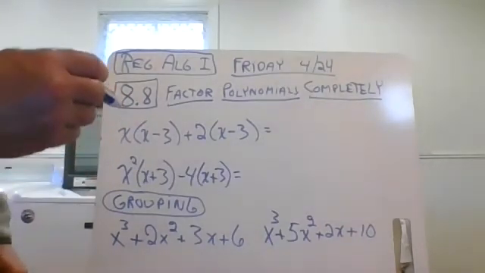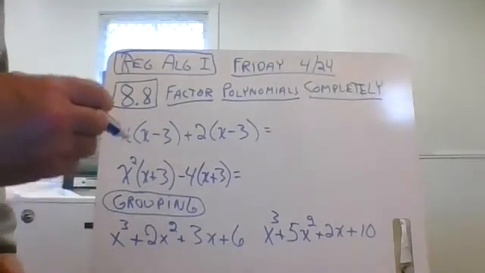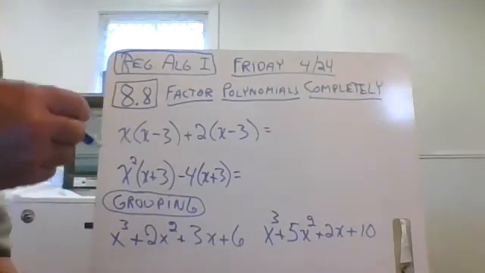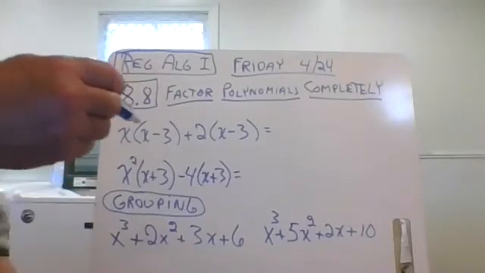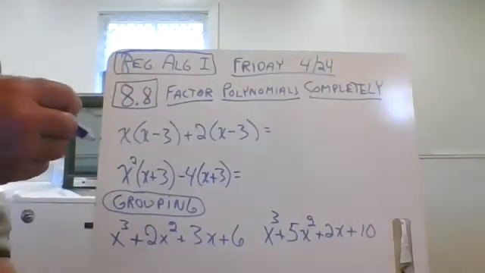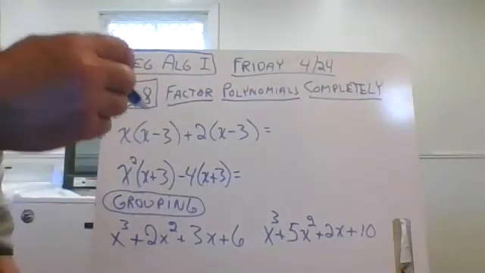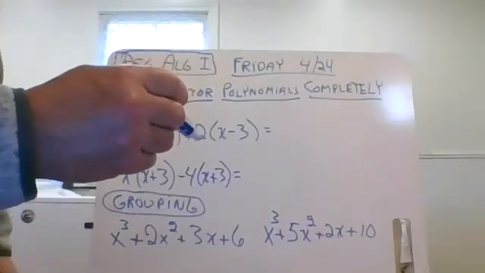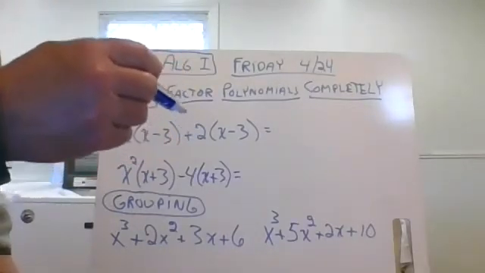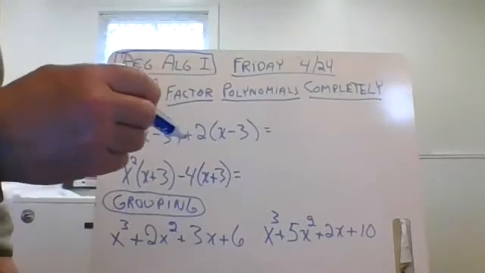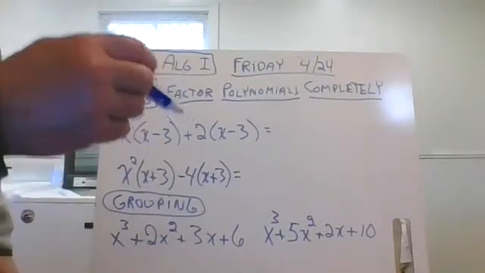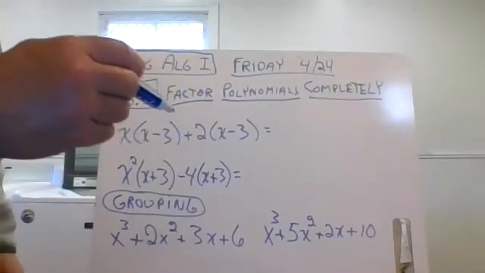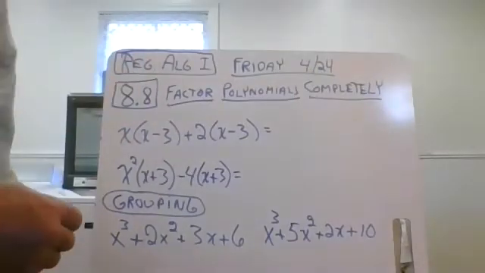And that means you always start by looking for the greatest common factor. If you can pull out that greatest common factor, and then you look at the factor that remains, you see if it's one of your special forms and see if that can be factored. And then you have to factor that.